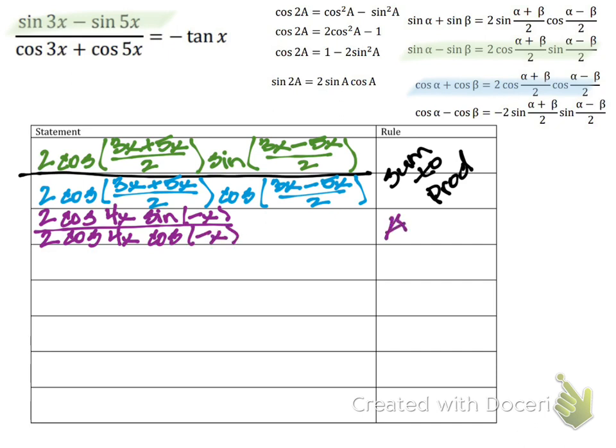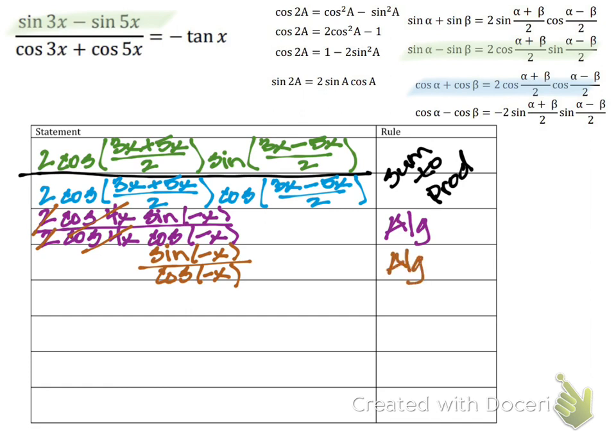Algebra. Now I can clean it up, right? So 2's go, cosine 4x goes, and I'm left with the sine of negative x over the cosine of negative x. And that's also algebra.